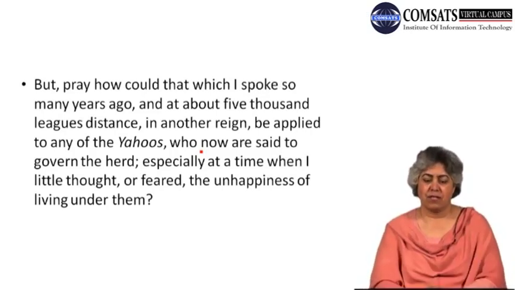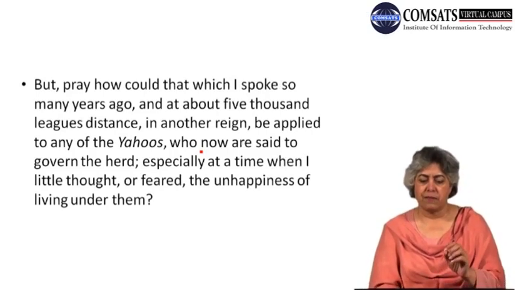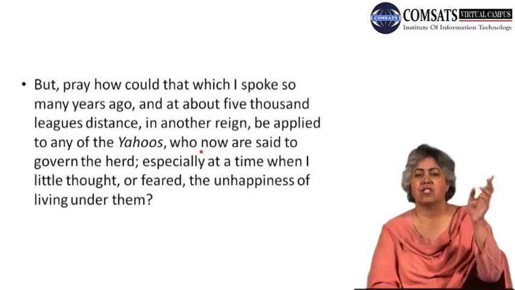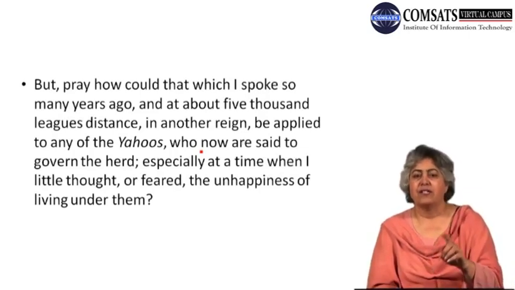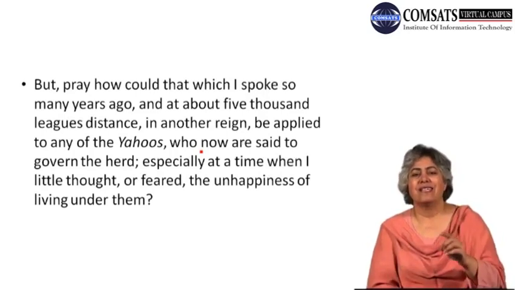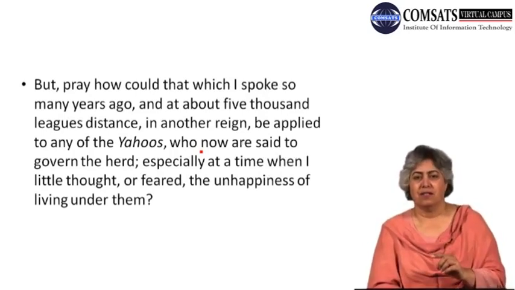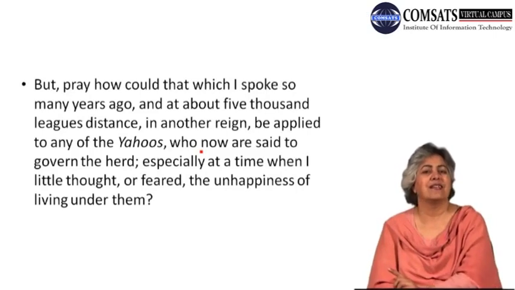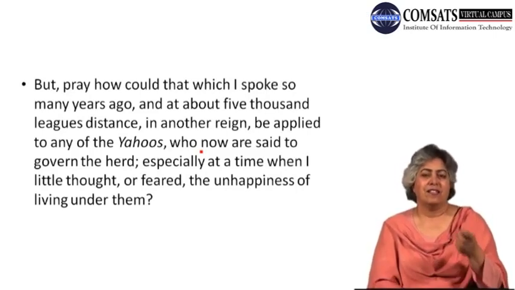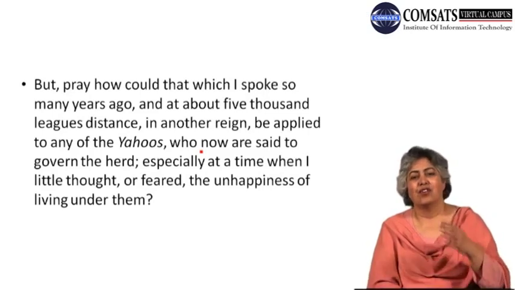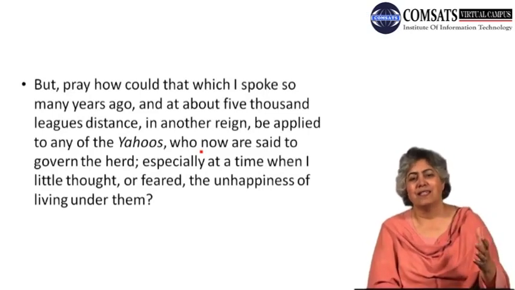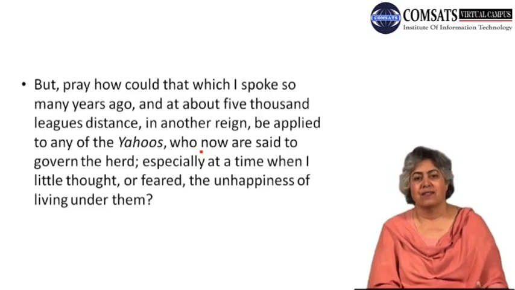Look at this one section of the sentence. He says, how could that which I spoke so many years ago be applied to any of the Yahoos who now are said to govern the herd? So on the one hand he says, I didn't say it, and then he calls the people in the court, the nobility, Yahoos.